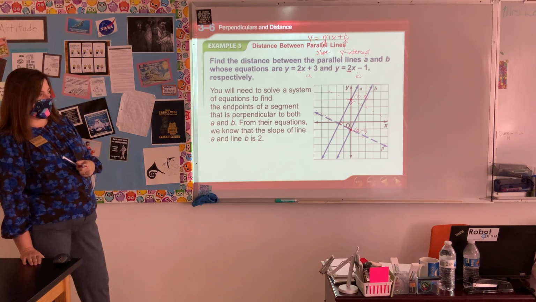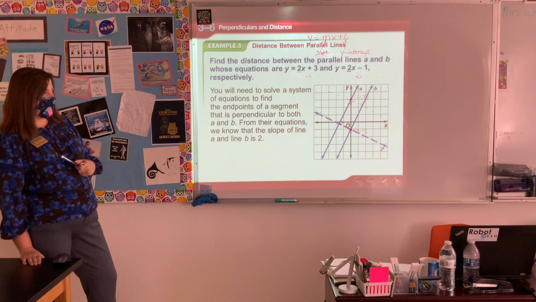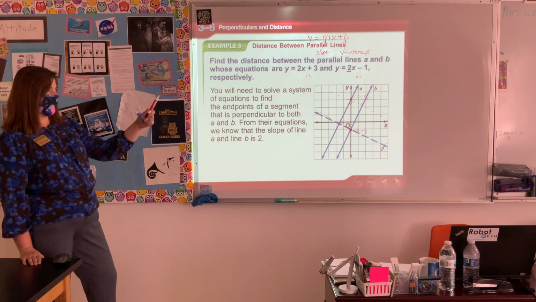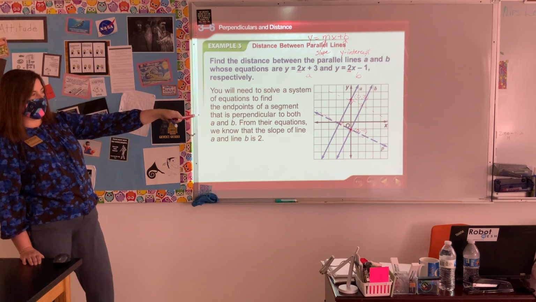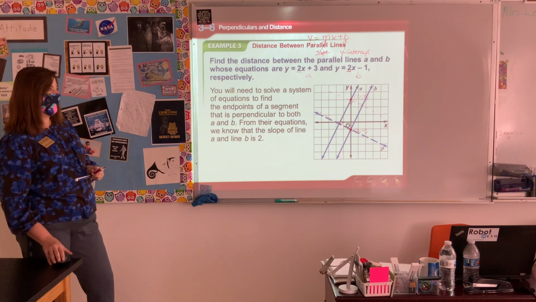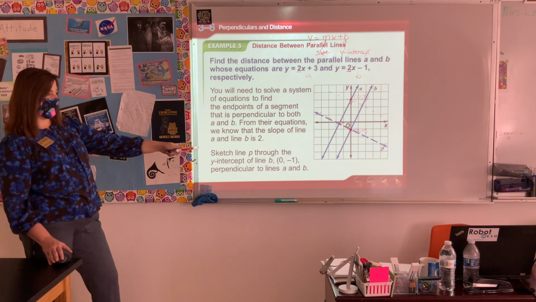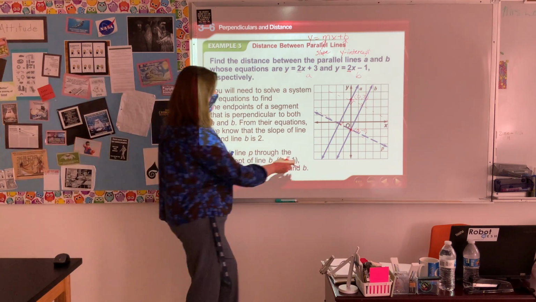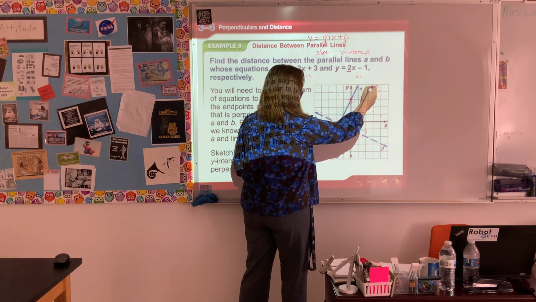They went through the (0, -1). And we know that the slope of A and B is 2 from the equations, or I could work it out rise over run on the graph itself. Okay, to find the equation of the line, we're going to put it through the (0, -1), so I can find out what is the equation of line B here.